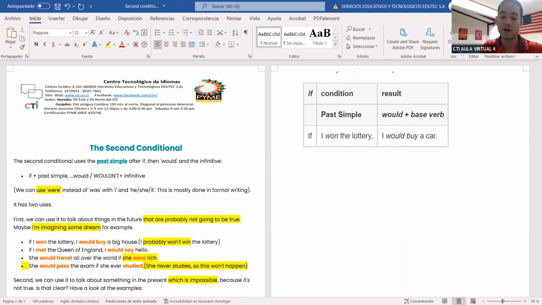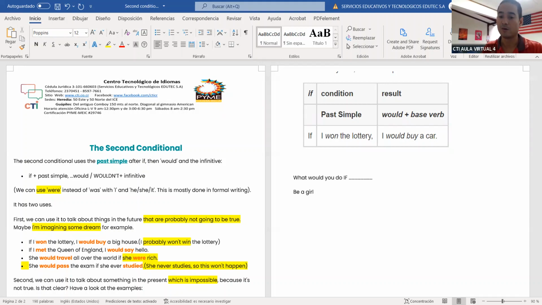So let's see some examples, like the ones that we practice in classes. The most common ones are questions like, for example, what would you do if? And here is where you start making all the changes. I am a man, so this is impossible for me. Imagine that I have to be a girl.